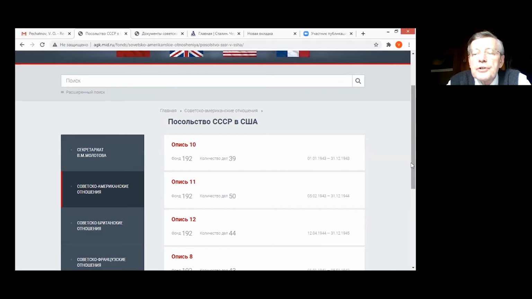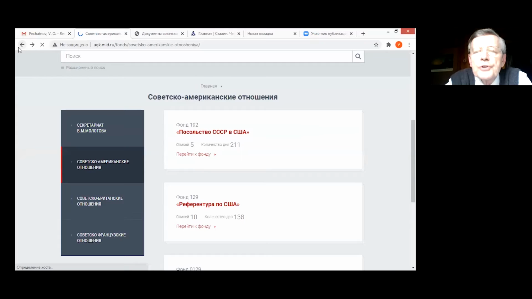All in all, it's a huge collection, because you have almost 4,000 folders as a whole in it, which has about 370,000 pages of documents. So it's a very big collection, covering cultural, economic, and political relations. It covers almost everything. So this is an important collection.